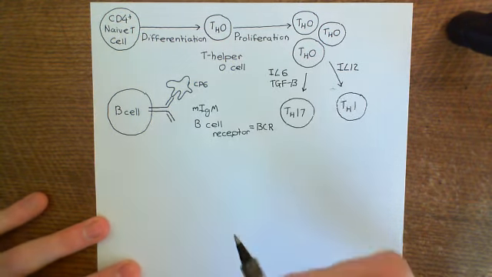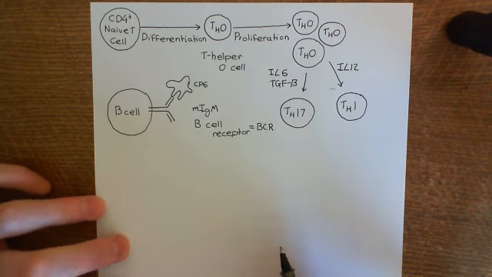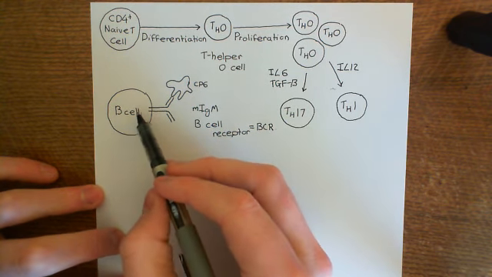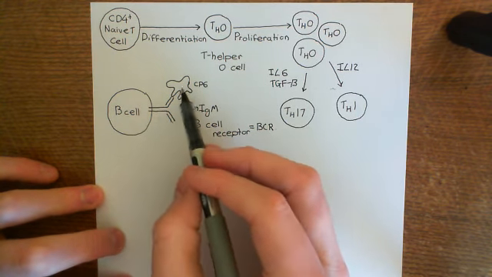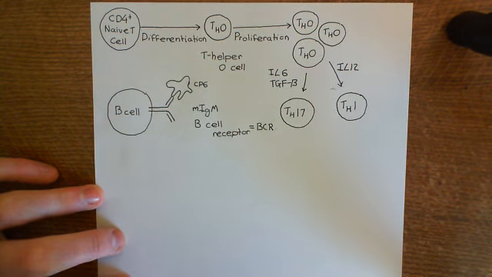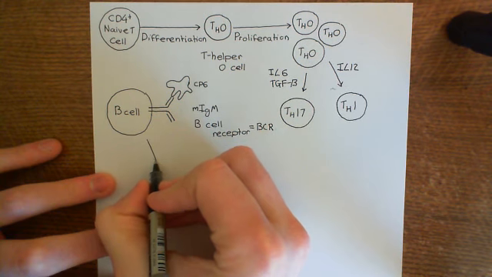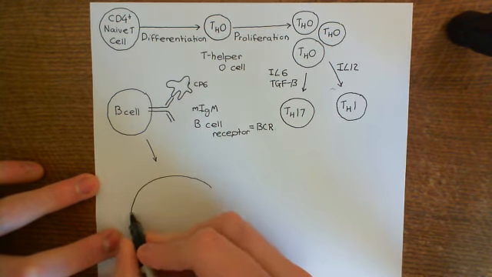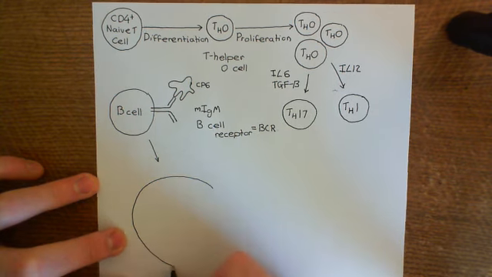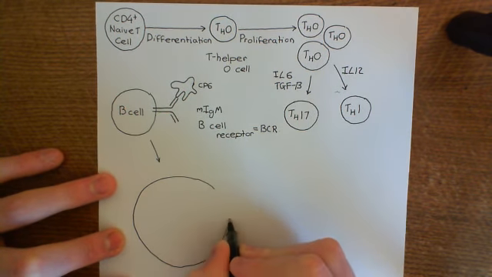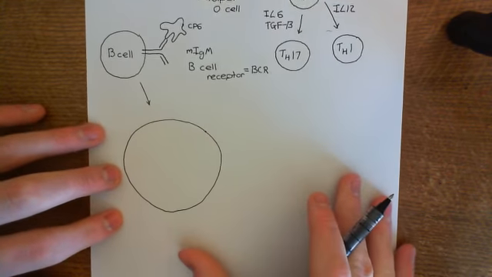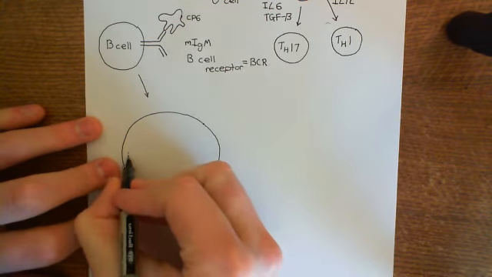Okay, so what's now going to happen is this B cell is going to endocytose the entire B cell receptor with the citrullinated protein 6 bound to it into a vesicle. So let me show this. I'll draw this B cell now very large so that I can fit in a large endocytic vesicle inside. So this is our B cell here.